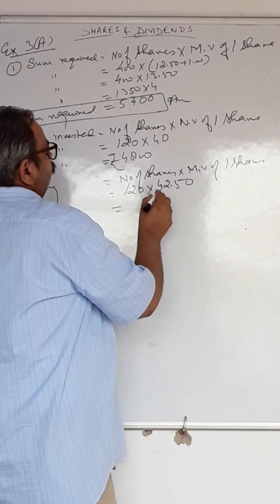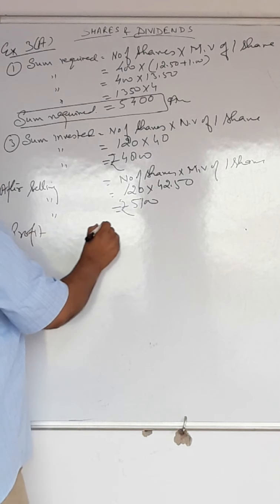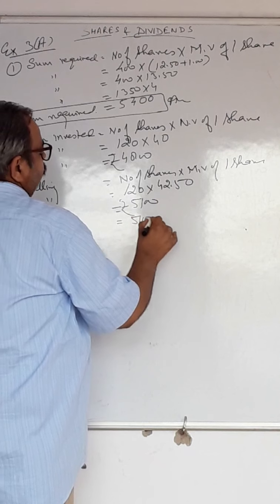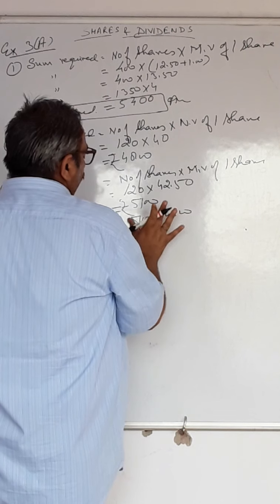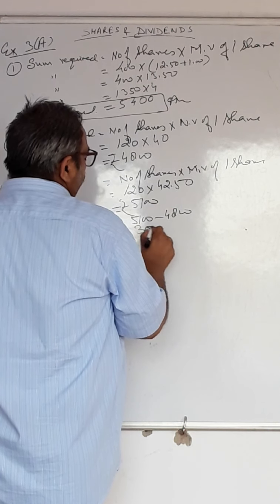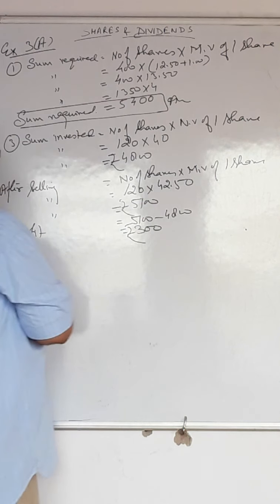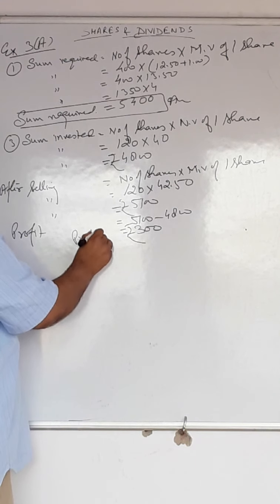It will come to 5100 rupees. Profit is equal to 5100 minus 4800, which is equal to 300 rupees profit. Check the first answer.